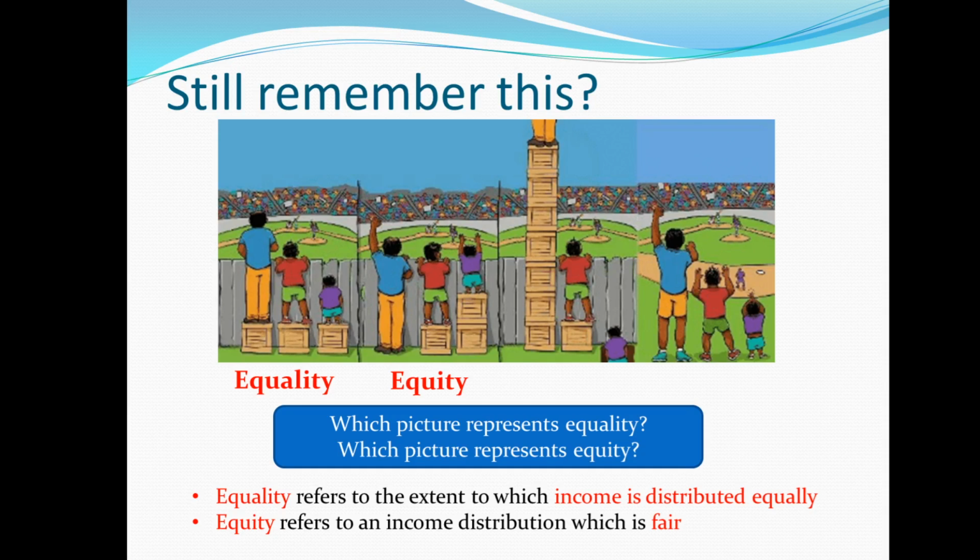Especially when you talk to some economists, they always argue about this topic, like what is fair when it comes to income distribution. We always look at a fair income distribution, but how do you define fair? This is fair when everyone has one box. That is fair, and this one here is also fair.